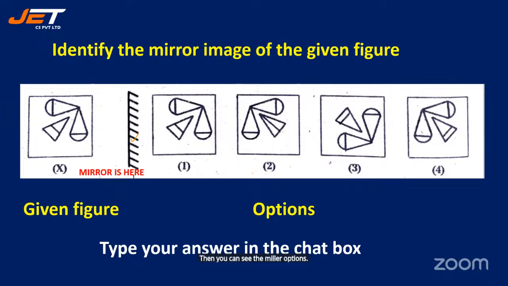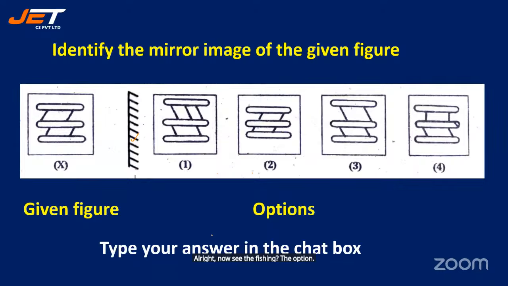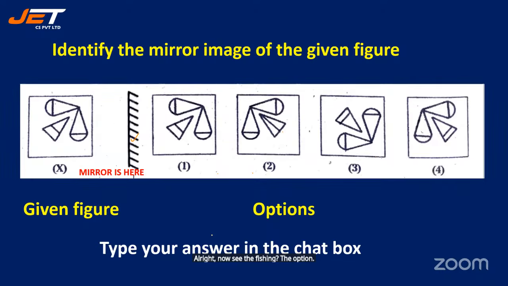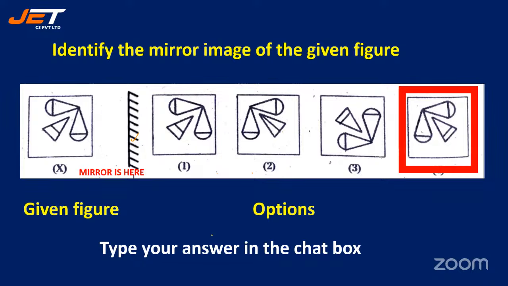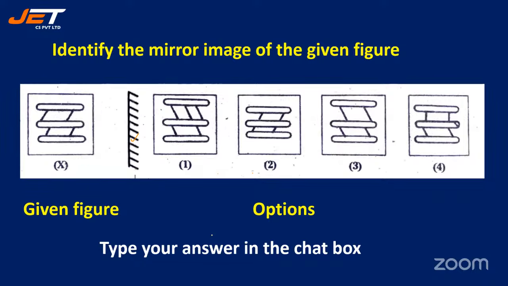All right, now see the question, see the option. See here, the given figure is on the left hand side, and on the right hand side you have 1, 2, 3, 4. Right? So quickly tell me which is the correct answer. So the correct option must be option 3.